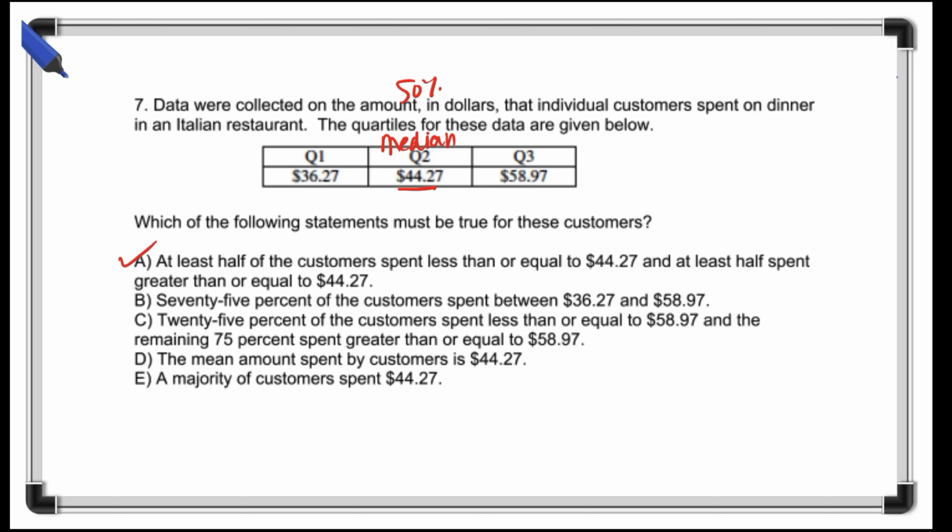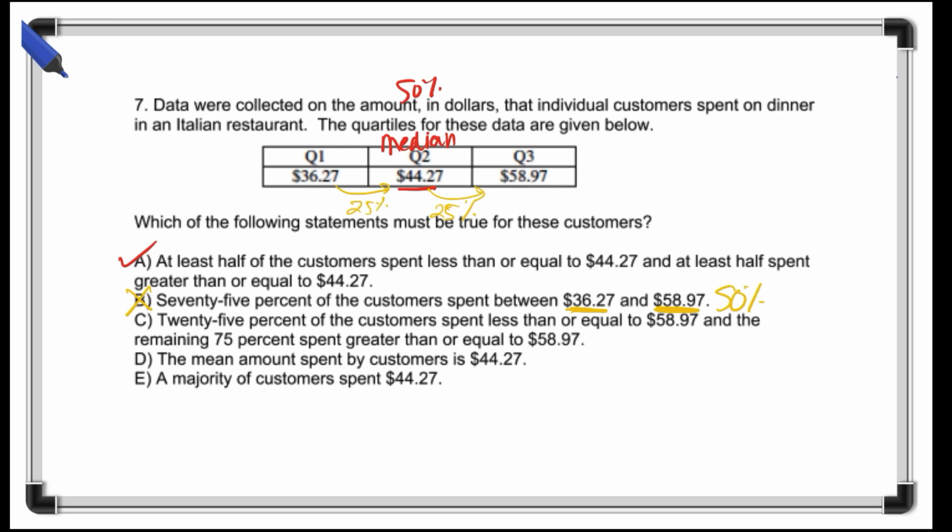So we got 75% of the customers spend between 36 and 58. Well, to go from Q1 to Q2 is 25%, and then Q2 to Q3 is another 25%. So not 75%, it's actually 50%. So that one's out.